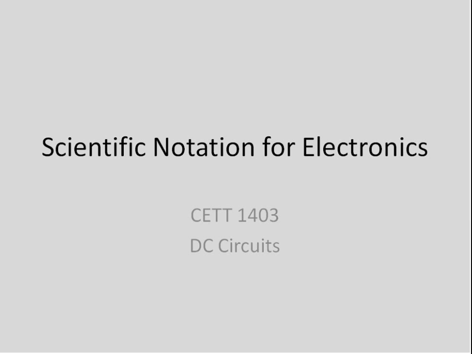Today we're going to be talking about scientific notation, more specifically engineering notation and metric prefixes, because this is what we use to express our values in electronics. We're able to express very large and very small numbers in a very compact way using engineering notation and the metric prefixes that go along with it.